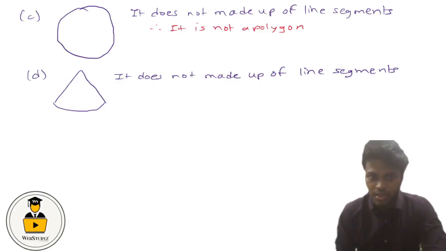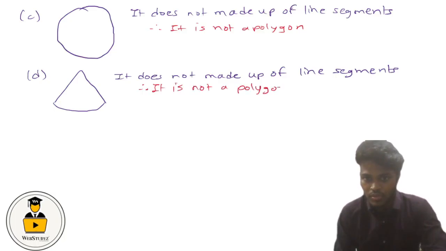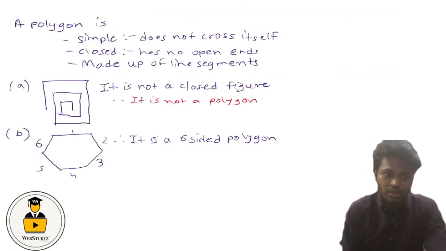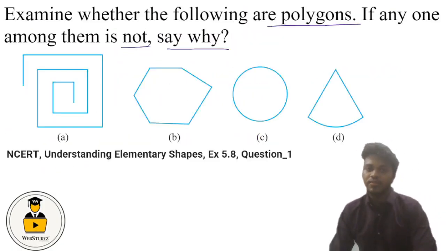So we can see that the lower part is not made up of line segments. Therefore it is not a polygon.